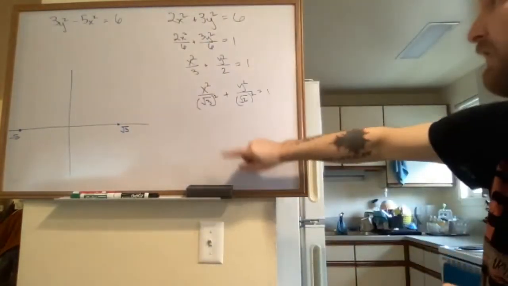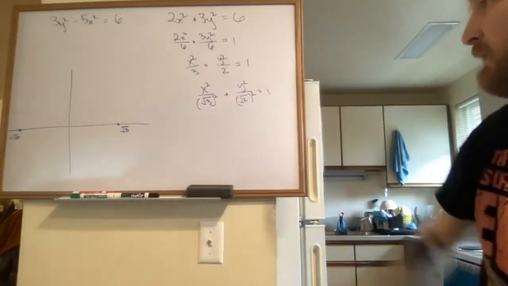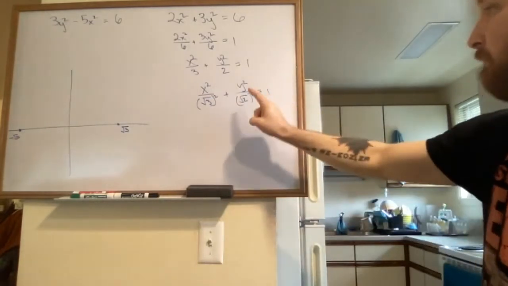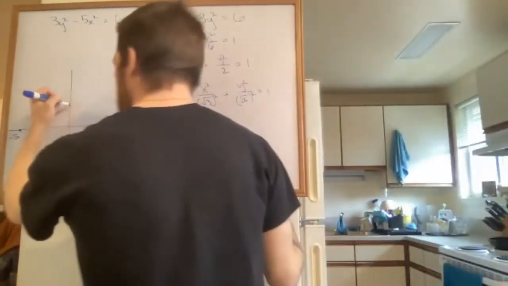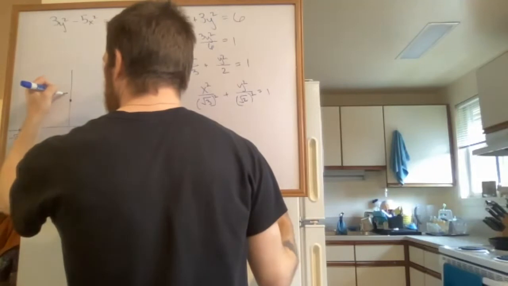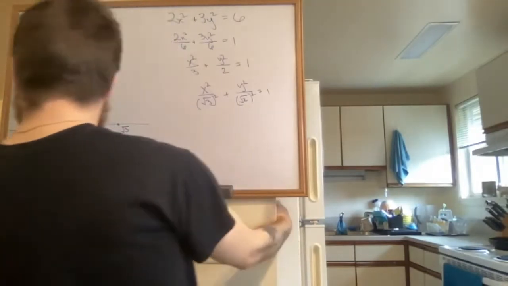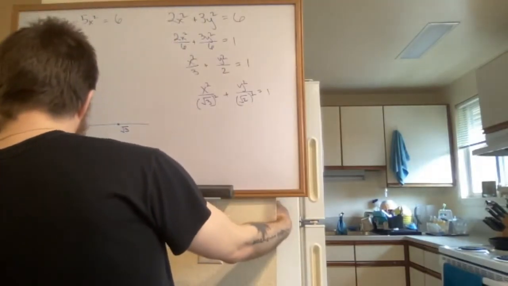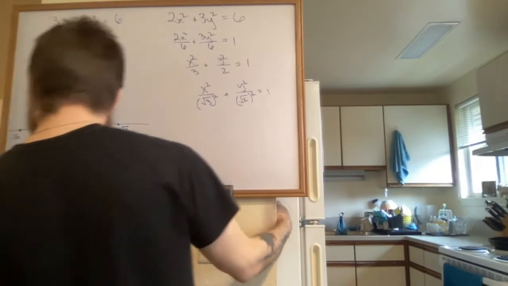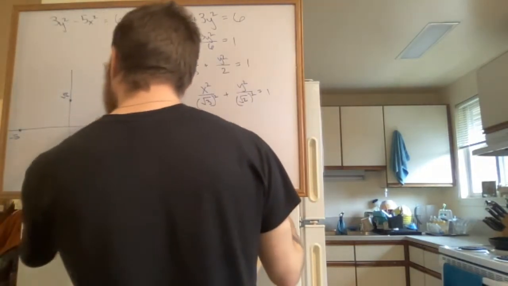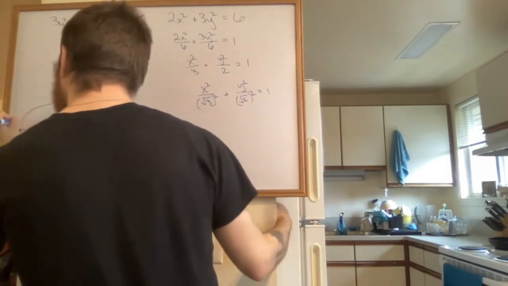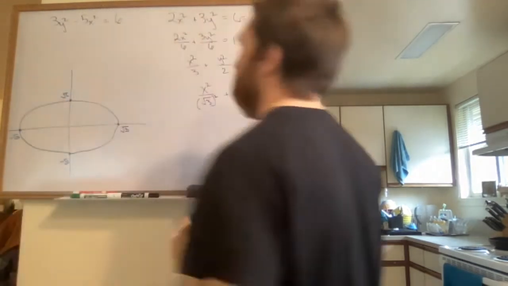I don't need to use my brain. I could just say it goes through x at plus or minus root 3. Goes through y at plus or minus root 2, which is a smaller number. So I'm going to go ahead and draw it a little bit smaller. Plus root 2, minus root 2. And so that's one of those guys right there. Okay.